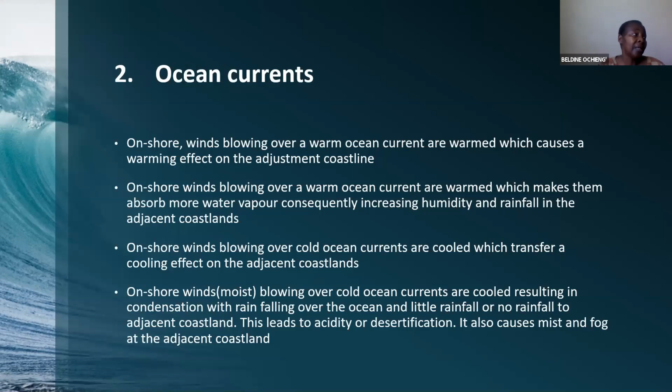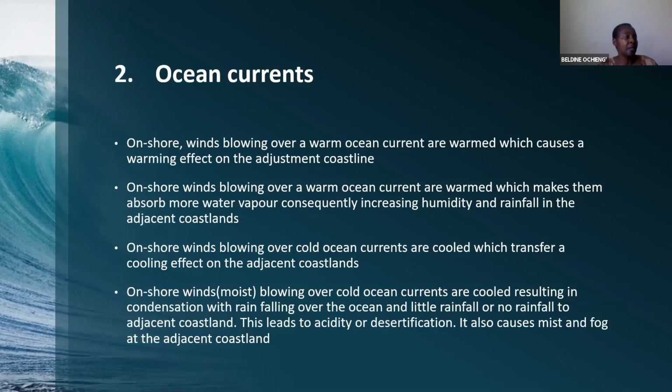We go to the next one, ocean currents. Ocean currents are described so that we need to know which ones are cold, which ones are warm, and what they are doing to the adjacent land. So onshore winds blowing over warm ocean currents are warmed, which causes a warming influence to the adjacent land.